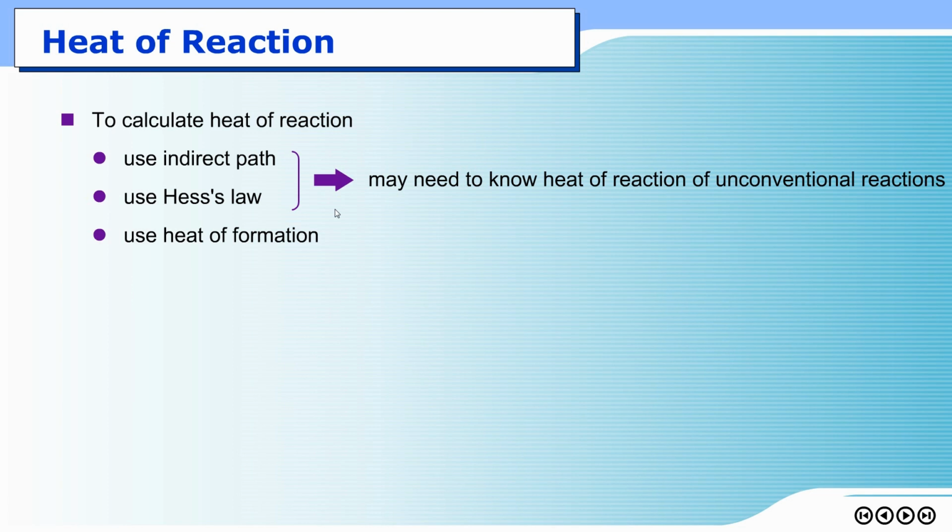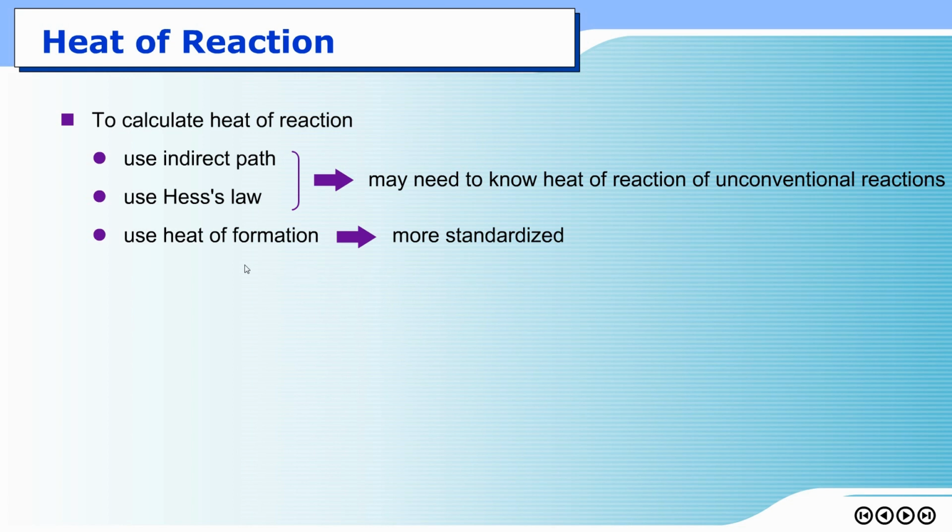Okay, so if each small step of the reaction that you use is not a standard reaction or is not a formation reaction, then using Hess law requires knowing the heat of reaction. So that sometimes would be hard to get. So instead, people would prefer to use heat of formation.